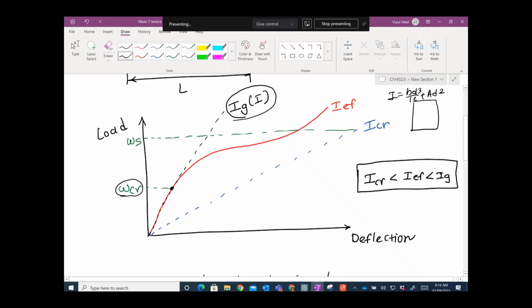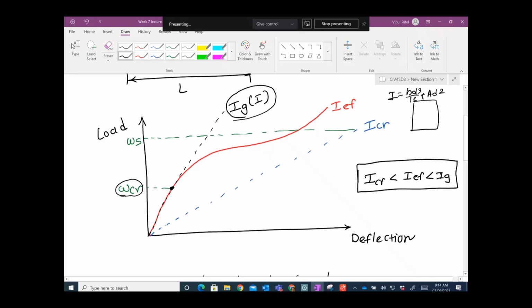I think in our lectures I explained how you can calculate this gross moment of inertia. Gross meaning the full beam is effective. There is no crack, meaning the concrete is going to carry the moment. When cracking happens after this point, the beam will crack.